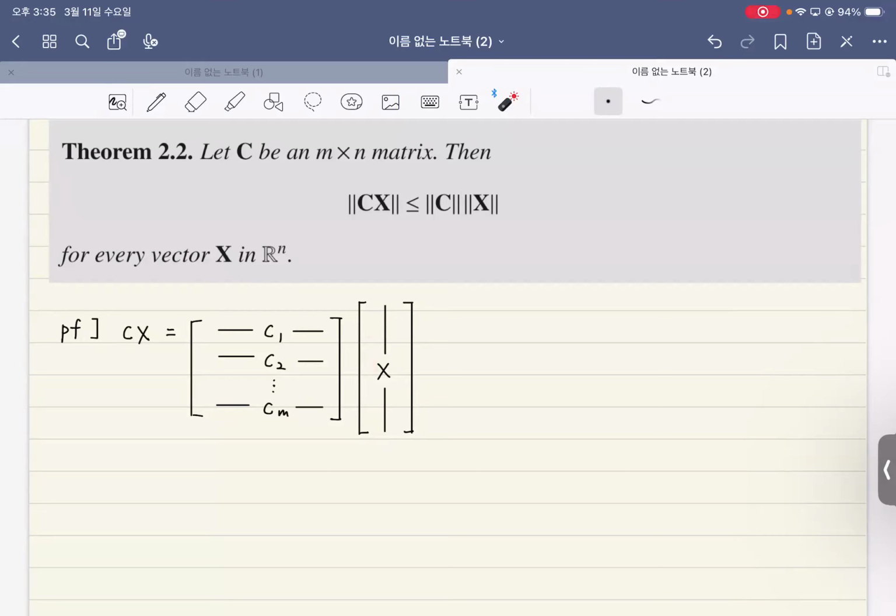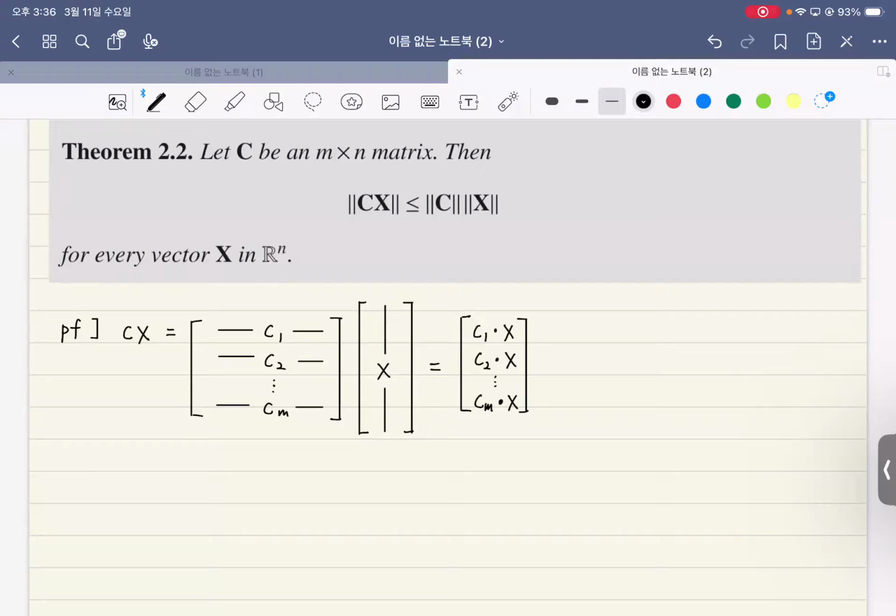And multiplying C by x, the resulting matrix would be an m by 1 matrix, and every entry of this resulting matrix will look like this: C1 dot product with x, C2 dot product with x, Cm dot product with x, right?